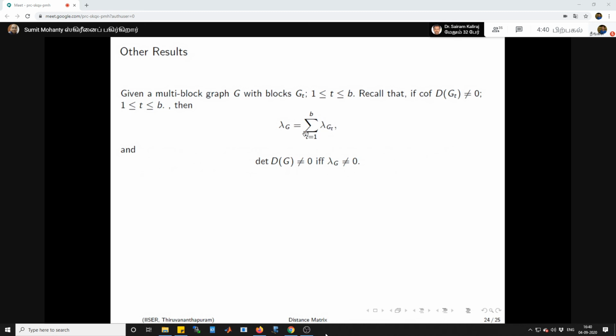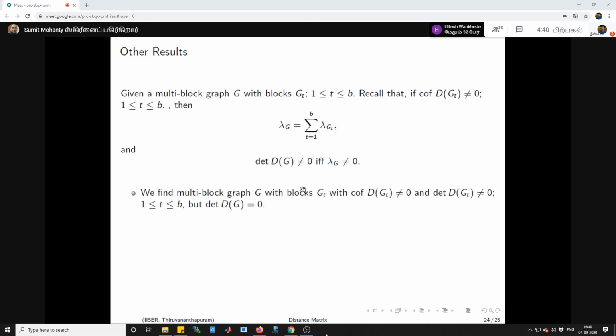But if this sum is 0, then lambda g is 0, because our definition of lambda g is chosen in such a way that the determinant is non-zero if and only if lambda g is non-zero. So what exactly I want to say is, we can find infinitely many multi-block graphs where the individual blocks' determinant cofactor may not be 0, but the multi-block graph's determinant is 0.